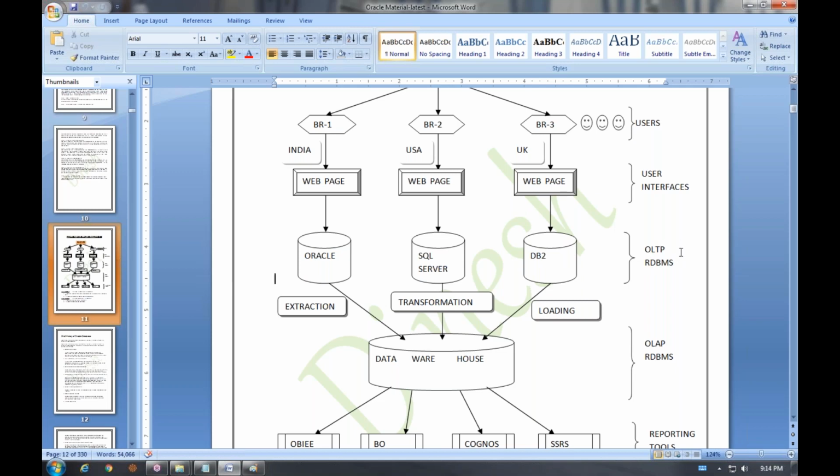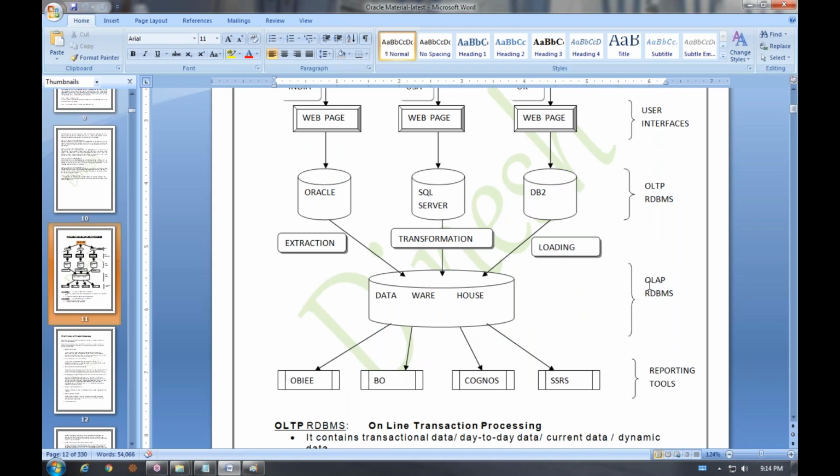Apart from OLTP, we have another database called OLAP. OLAP RDBMS, known as data warehouse. Hope you understand. So everyday data is saved here and old data is saved here.